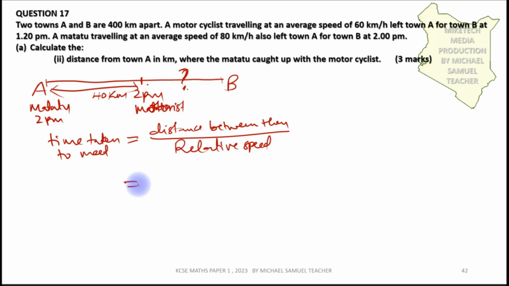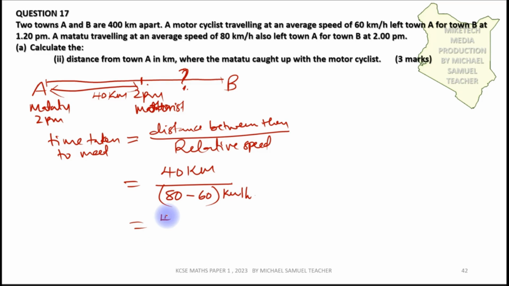So by 2 p.m. the distance between them was 40 kilometers, as we have got in part A, Roman 1. And then the relative speed: since they are moving in the same direction, we get the difference in speed. So 80 minus 60 kilometers per hour.